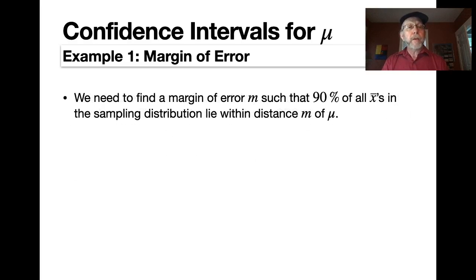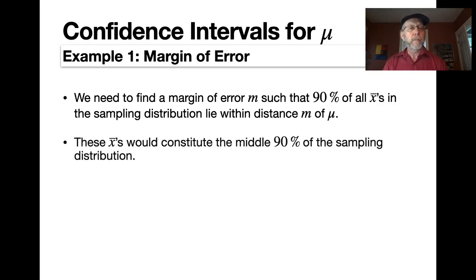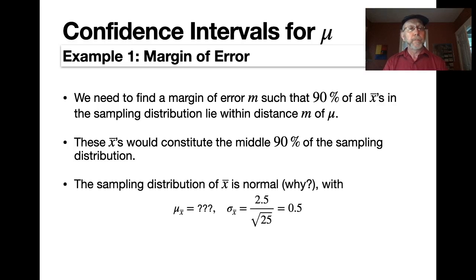So we need to find a margin of error m such that 90% of all x bars in the sampling distribution lie within distance m of the true mean mu. Note that these x bars would in fact constitute the middle 90% of the sampling distribution. The sampling distribution of x bar is normal.